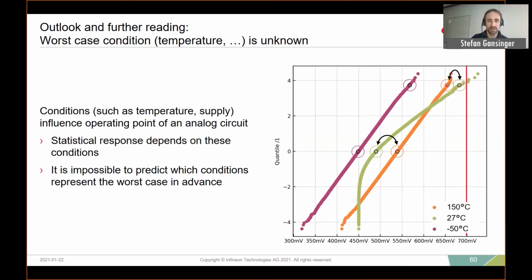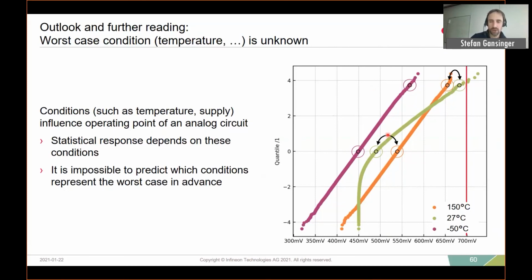So you see the dots change their place. So for this circuit, we would need to do our high sigma verification at room temperature, but not at hot. But of course, we cannot tell this in advance. So we need some method which finds out which condition needs to be investigated.